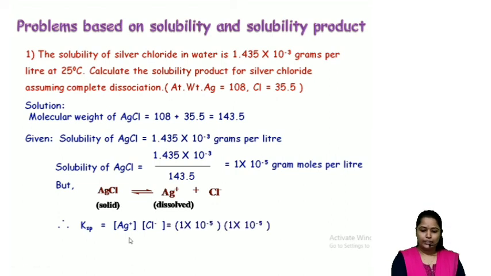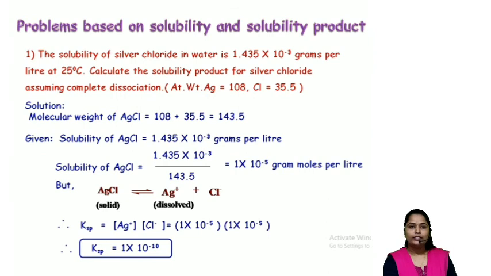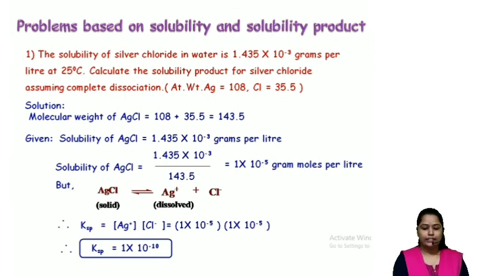Therefore we get Ksp is equal to 1 into 10 raised to minus 5 into 1 into 10 raised to minus 5, and the answer is Ksp is equal to 1 into 10 raised to minus 10. It is the solubility product of silver chloride in water.